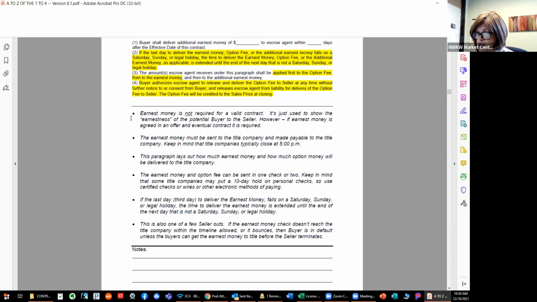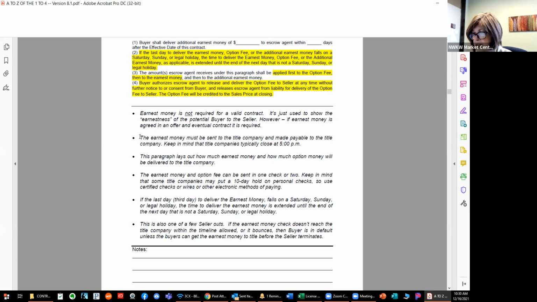I would say, you've got to show me the money, you've got to put some money down. And as some of you may know, earlier this year there were crazy amounts going in for earnest money and option fee, just to try to get the deal over the 50 other people making an offer on the property. It was crazy.